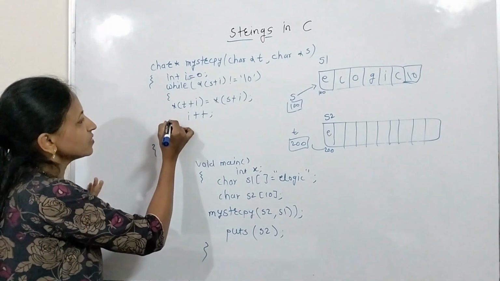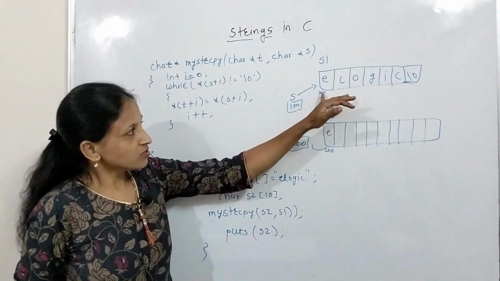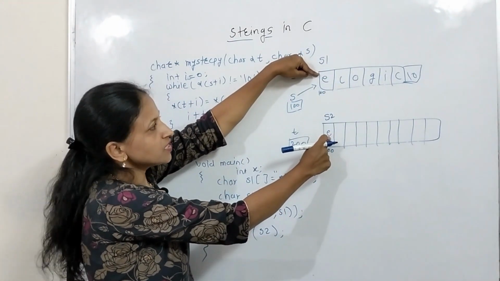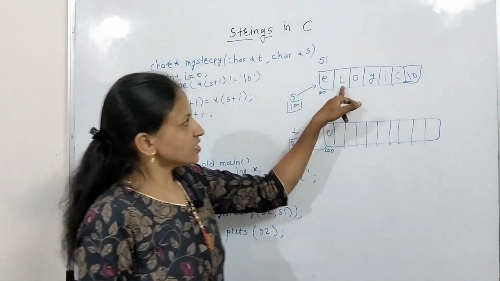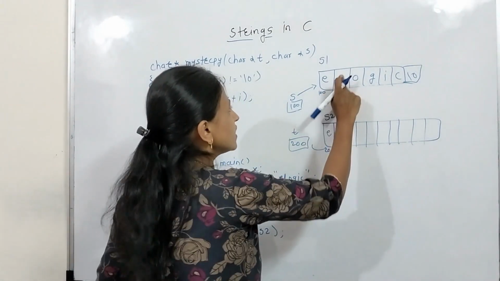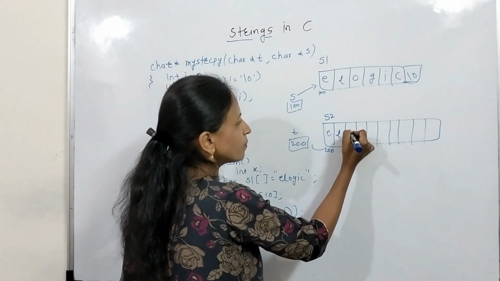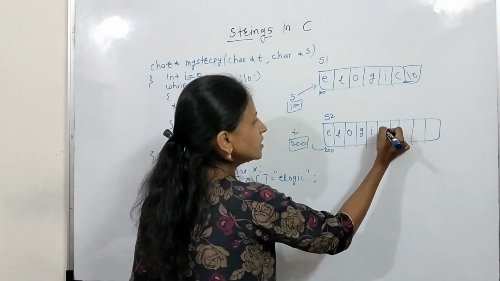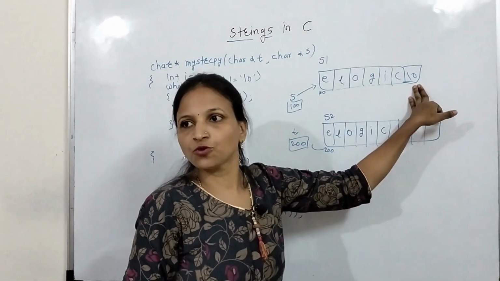Now what will happen here? See, some statements are remaining here. E will get copied here first, then i plus plus, i will become 1. In that case it will fetch this L, which gets copied here, then i plus plus it will copy O, i plus plus it will copy G, I, C, but it will not copy that \0.